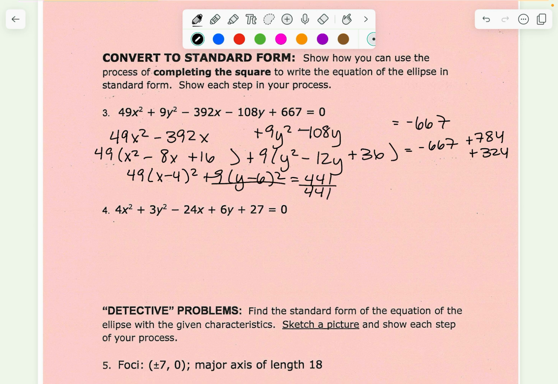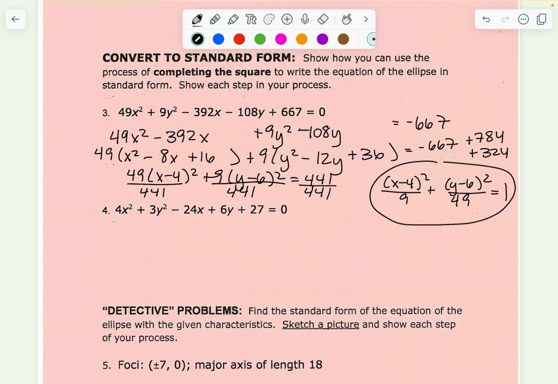Get it equal to 1. Great. And so your final answer is x minus 4 squared over 9 plus y minus 6 squared over 49 equals 1.